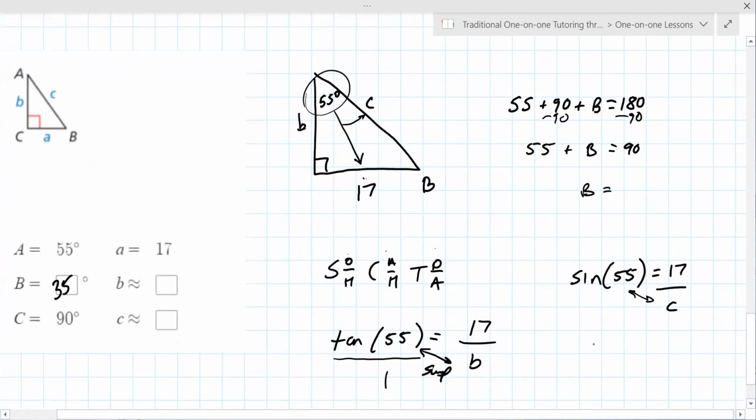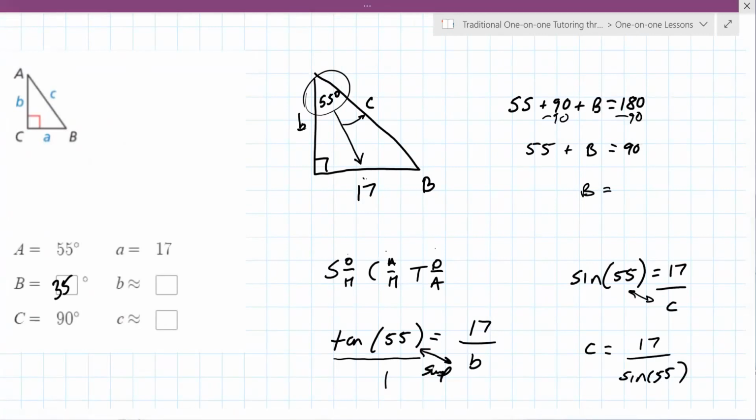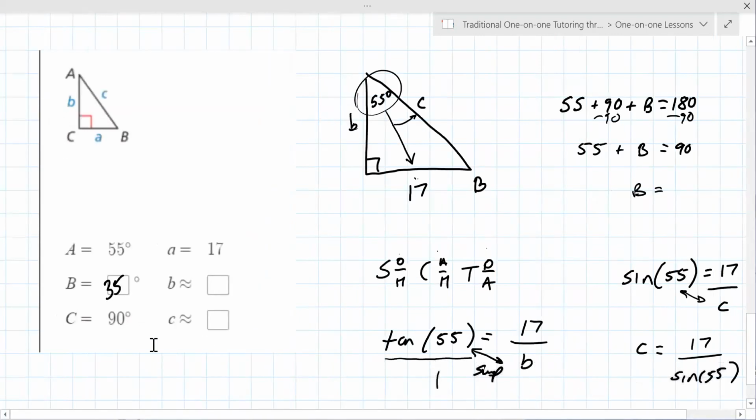So C equals 17 divided by sine 55. 20.75. Okay, so go ahead and enter those and see if it gives you the right answer there. Yes. Got it.